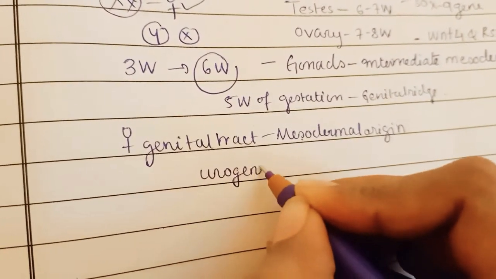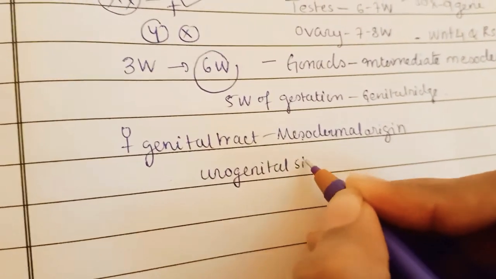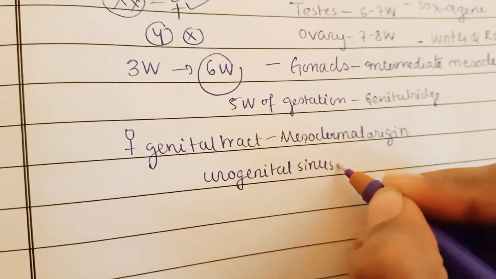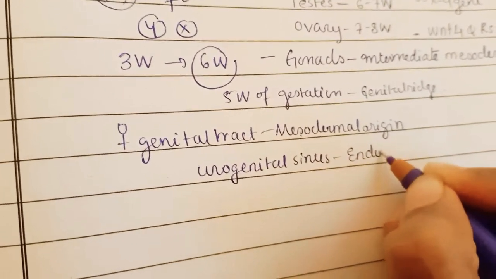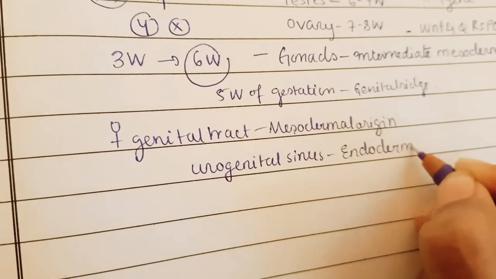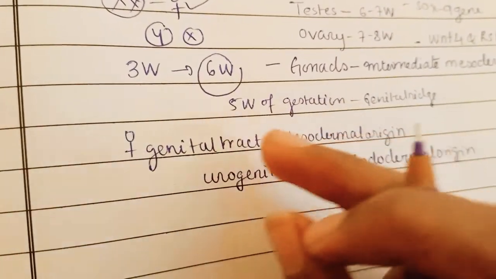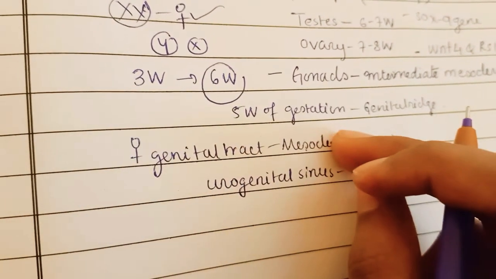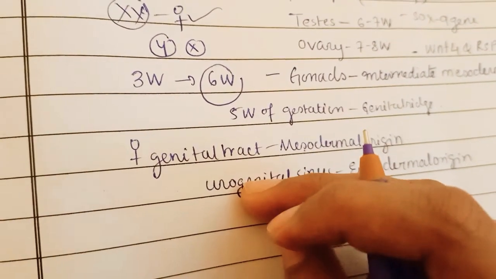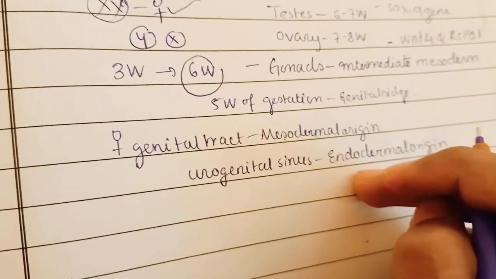The parts which are derived from the urogenital sinus are of endodermal origin.